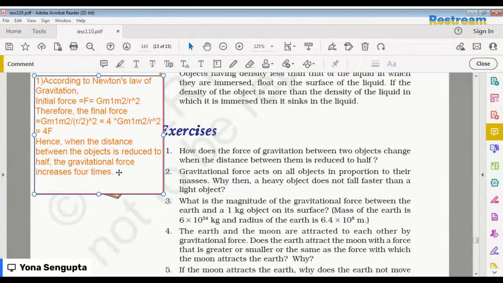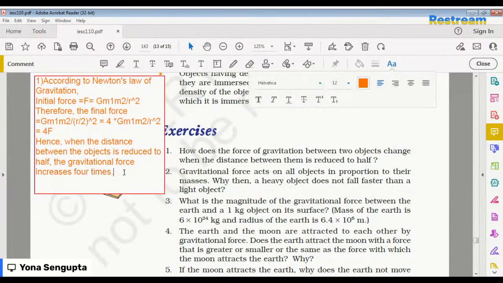Next is number 2. In number 2, it says that gravitational force acts on all the objects and bodies in proportion to their masses.